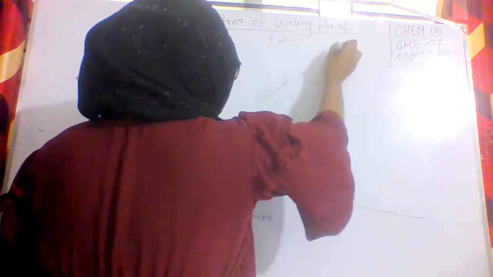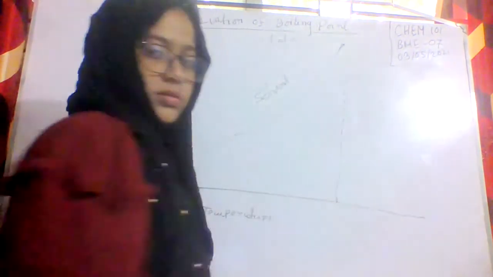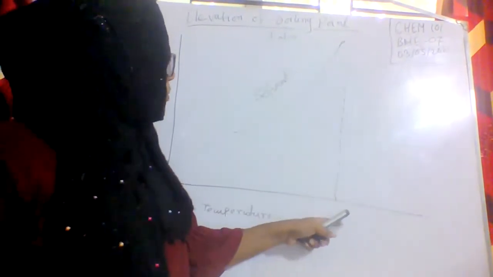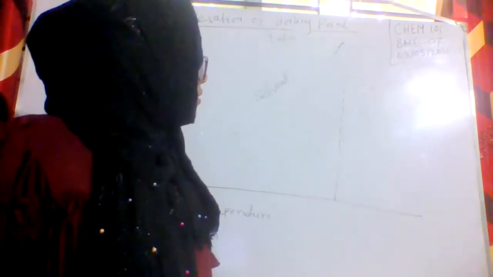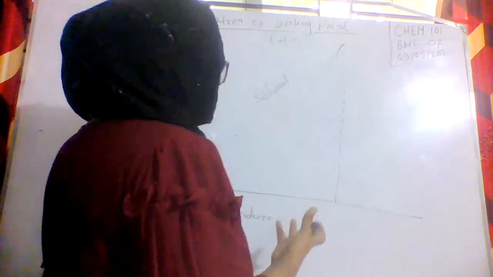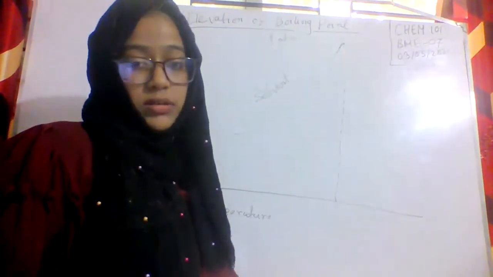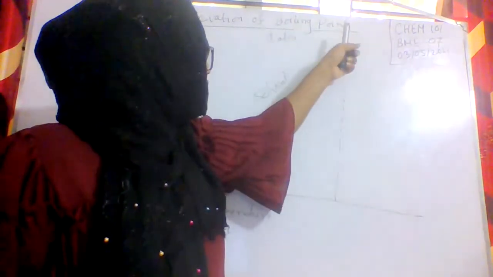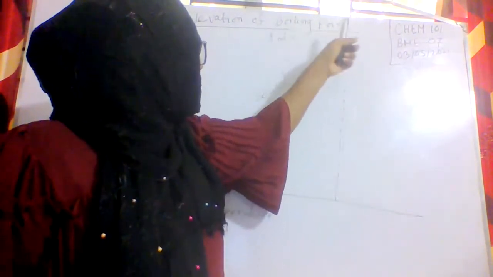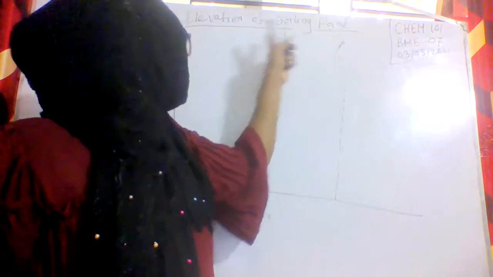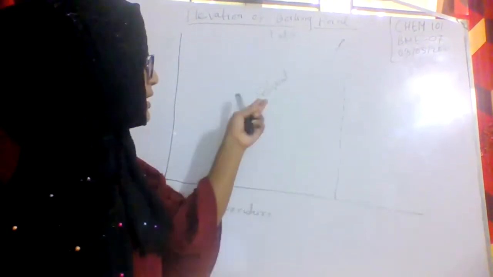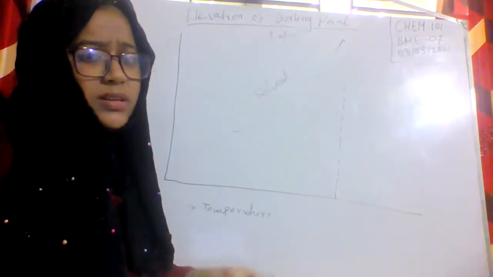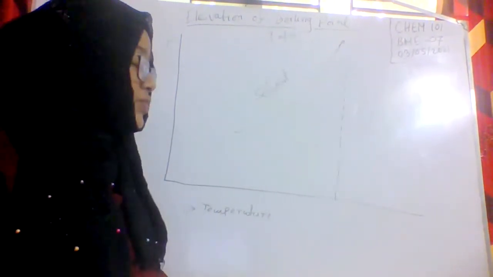This is the 1 atmosphere pressure. So at this point, what is the temperature? 100°C. Yes, it should be 100°C, because at 100°C the vapor pressure becomes equal to the 1 atmospheric pressure. That means P here. We don't know what the solvent is; it can be water, it can be any other solvent as well.